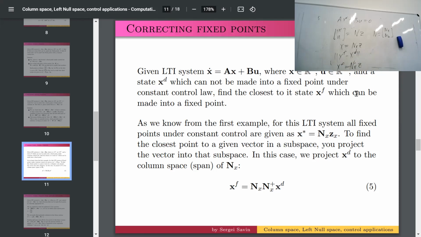So let's just use our knowledge of projectors. What is a projector onto the column space of nx? Please answer. What is a projector onto the column space of nx? Come on. Is this correct? Nx, something like this?